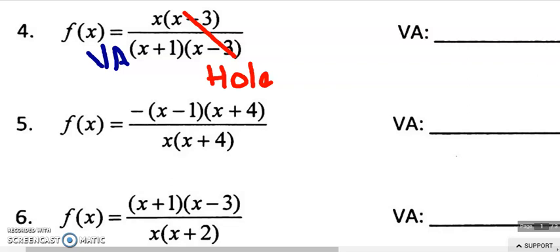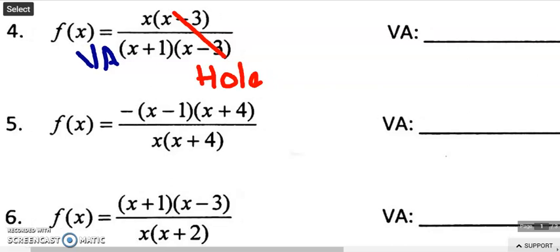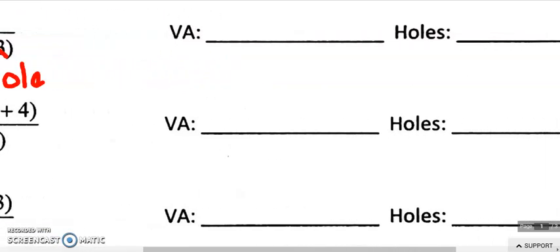Also remember that the value that creates our vertical asymptote is not what's in the factor, but rather what brings that factor to 0. So if I see x plus 1 in the denominator of my fraction, I know that a negative 1 will be my vertical asymptote.